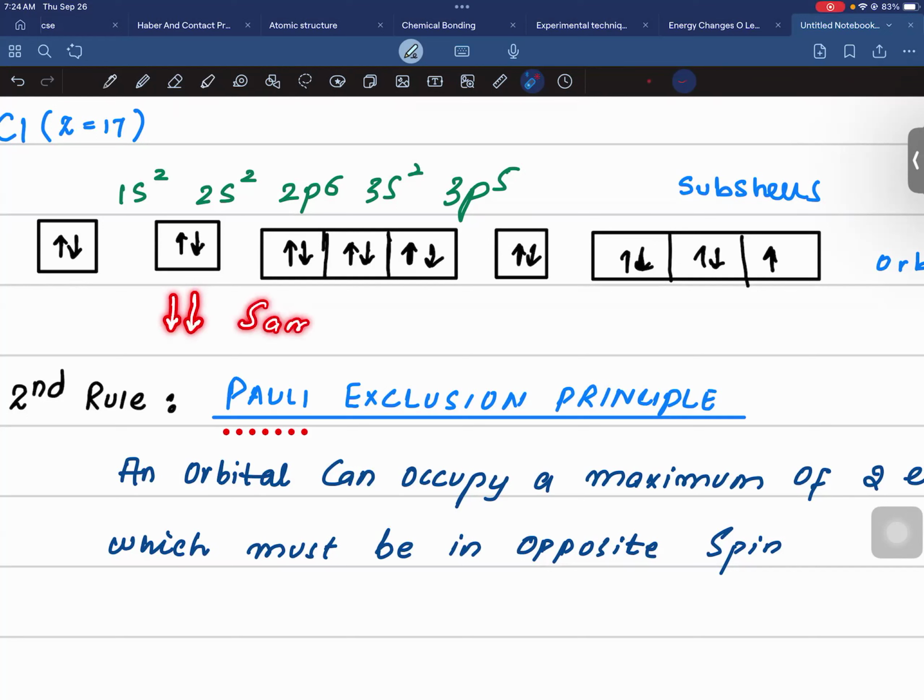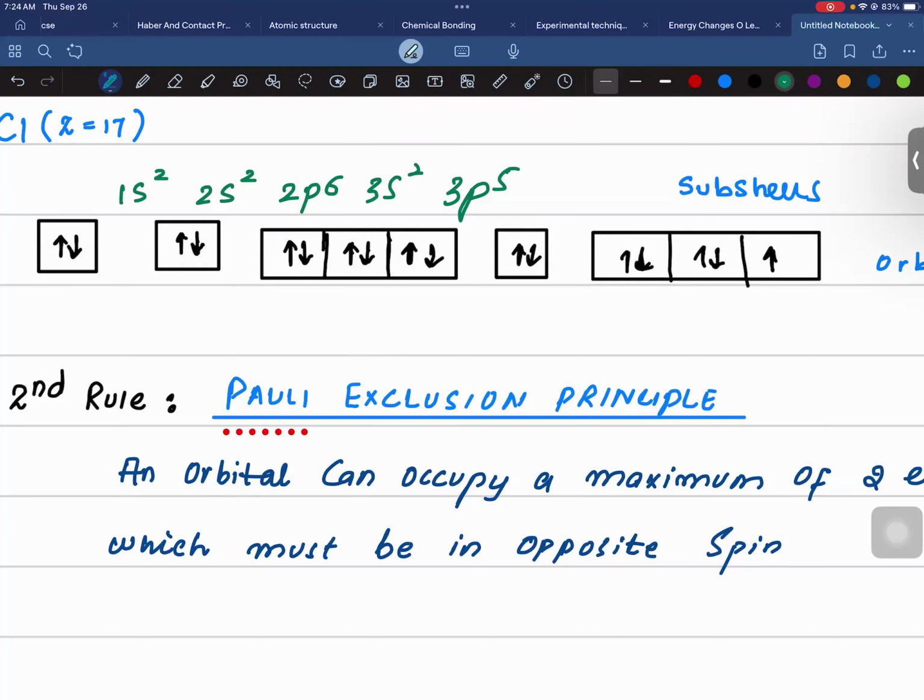When both electrons have the same spin, they would be repelling each other. As a result, they would become more unstable. An atom should be stable. Any compound should be stable.